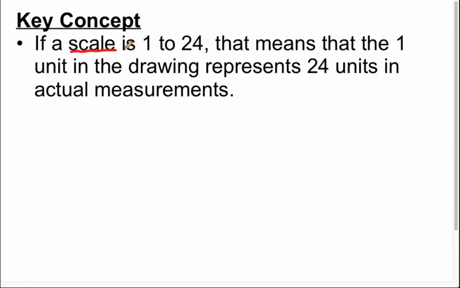So when you deal with scale in a scale drawing, typically the first number is always going to be your drawing measurement, and then the second number is going to be your actual measurement. So what this is saying right here is, if I have a scale of 1 to 24, that means that the one unit in the drawing that I draw, whatever it is, represents 24 of the same units in actual measurements.